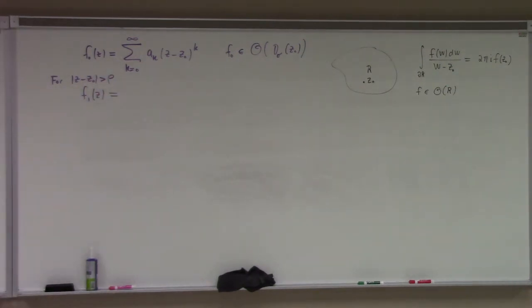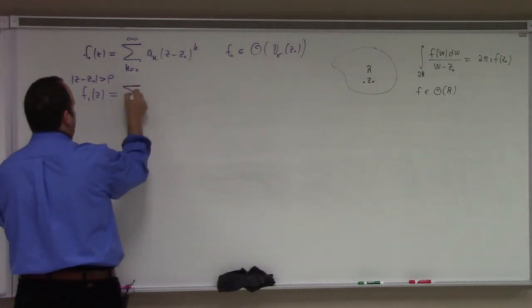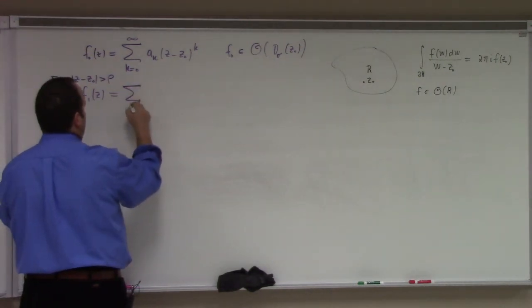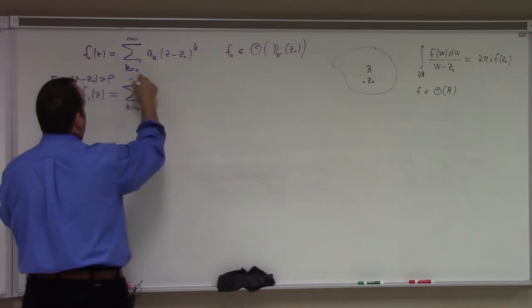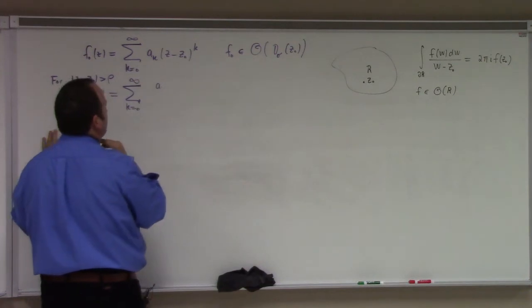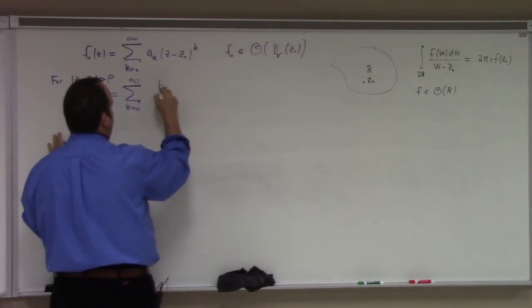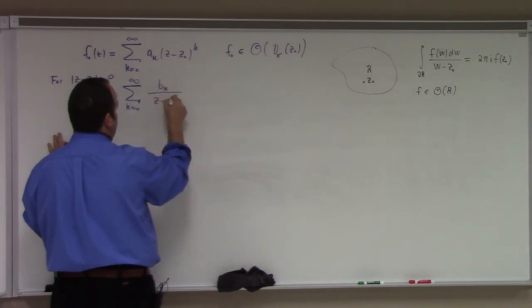We have that f1 is analytic. In other words, f1 is analytic at infinity, and we learned that means that you can write that as the sum, let's say k equals 0 to infinity of, I probably should use a different letter here, I'll use b for the moment, b sub k divided by z minus z naught to the k, right?